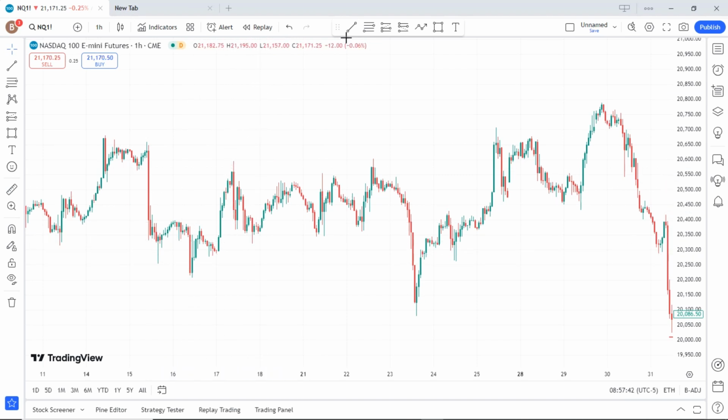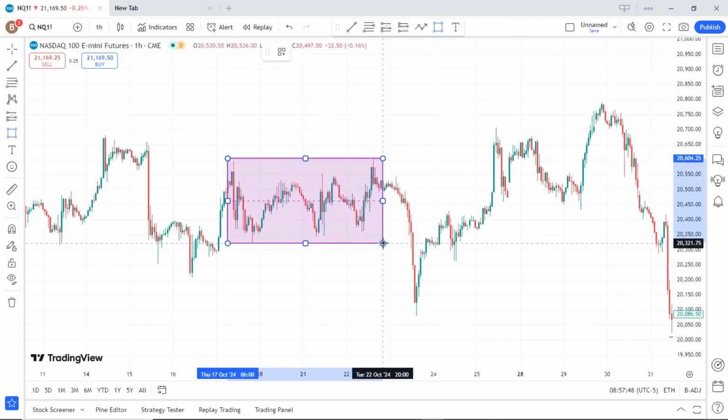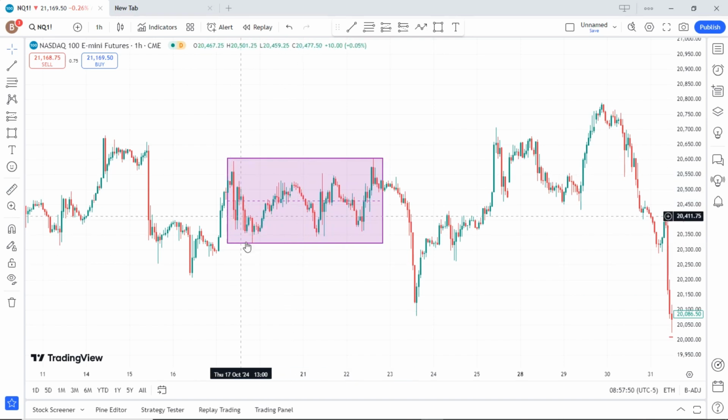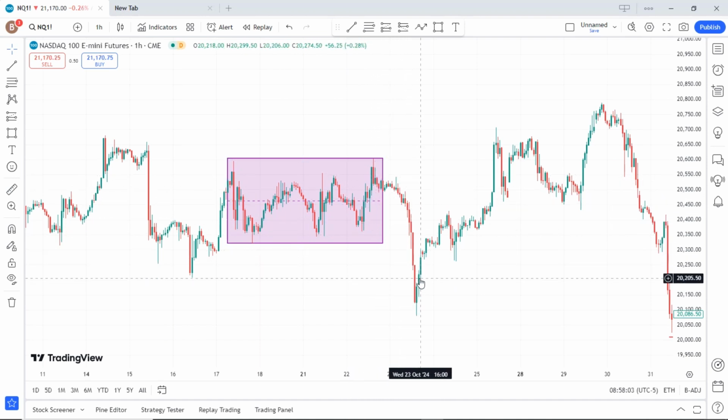Look at this particular price point where price was just bouncing and bouncing. They made this high, came all the way down, came like this, took out the high, and then after this, price expanded to the downside, to the sell side.